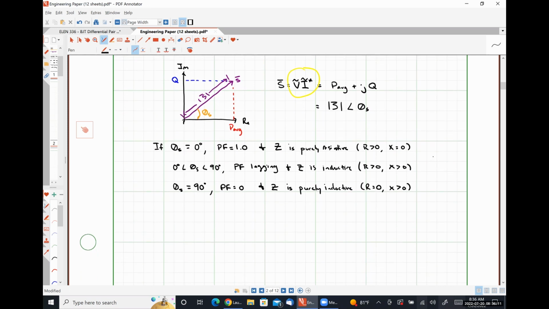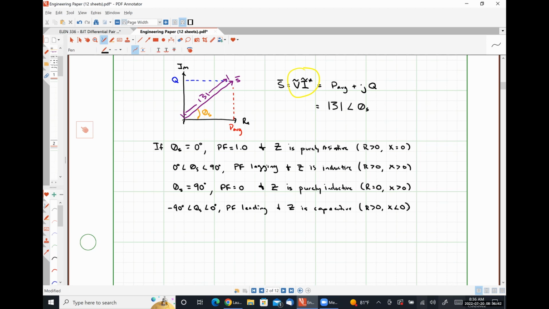If our power factor angle lies between negative 90 degrees and 0 degrees, our power factor is leading and Z is capacitive, meaning R is greater than 0 and X is less than 0.